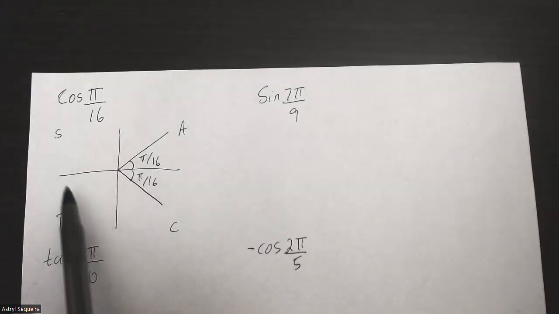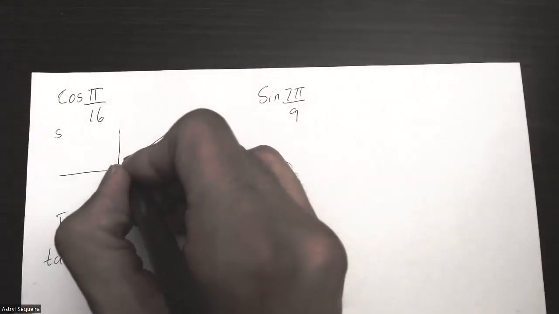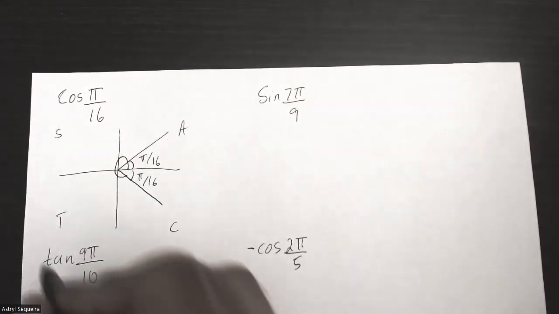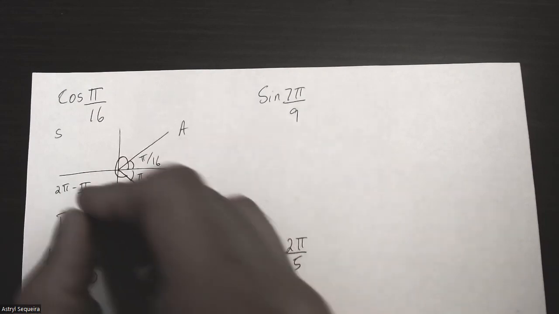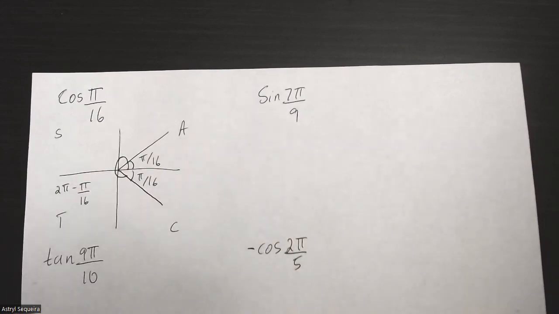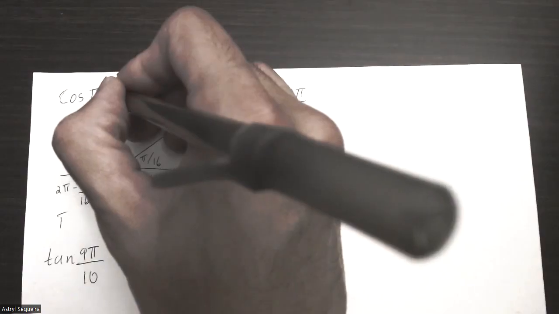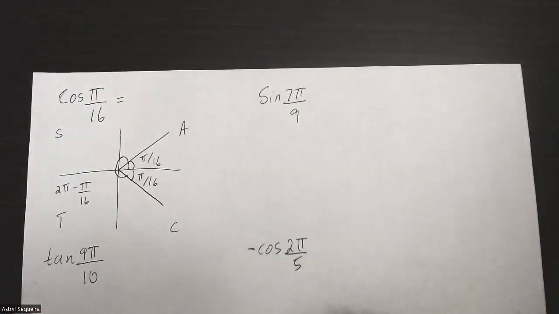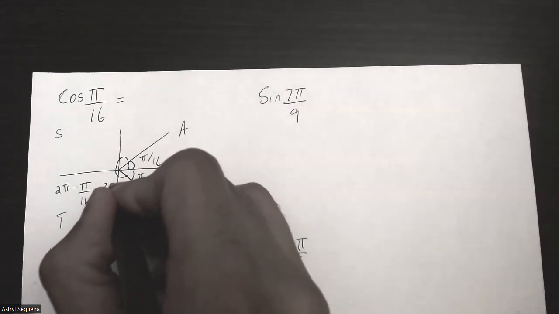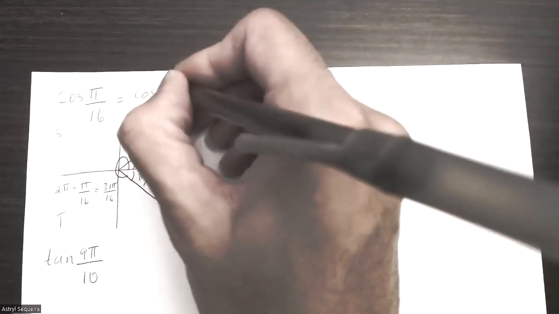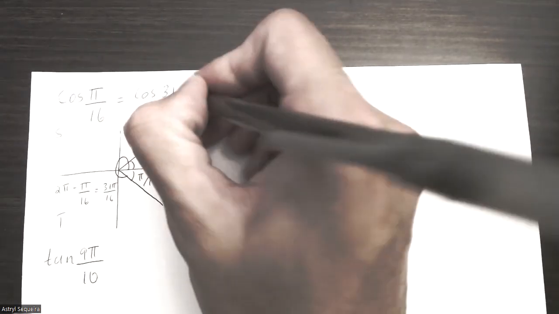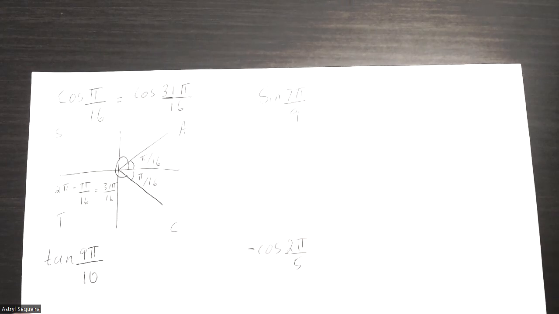So to find this entire principal angle over here, I'm going to do 2 pi minus pi over 16. And if I do that, I will get 31 pi over 16. So cos of pi over 16 is the same as cos of 31 pi over 16.